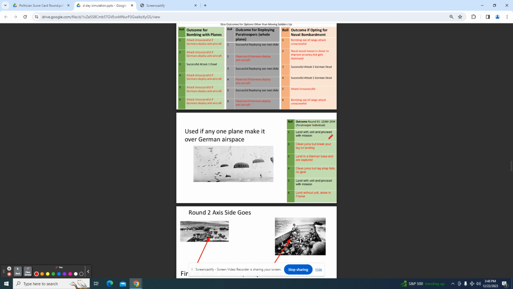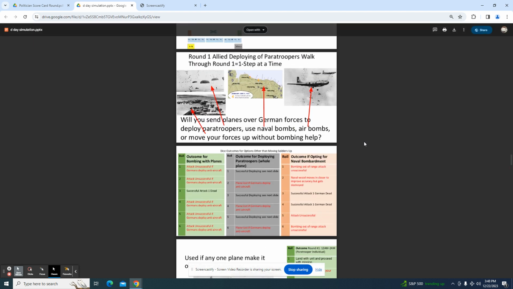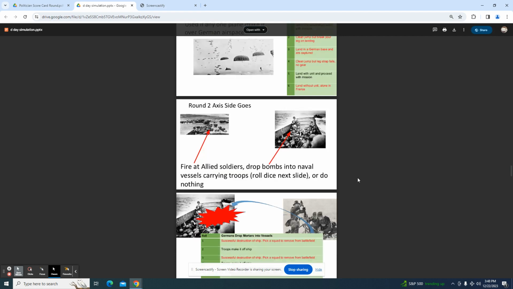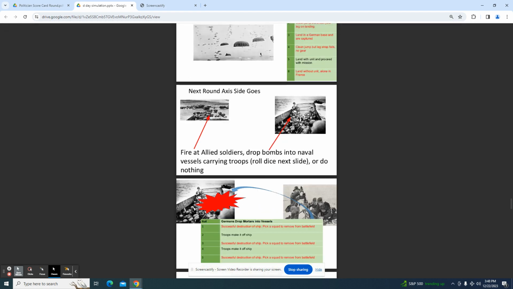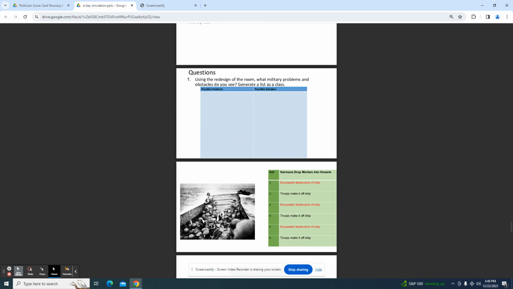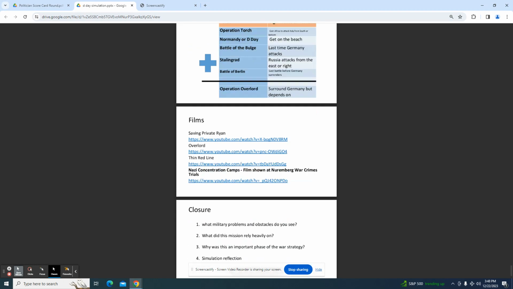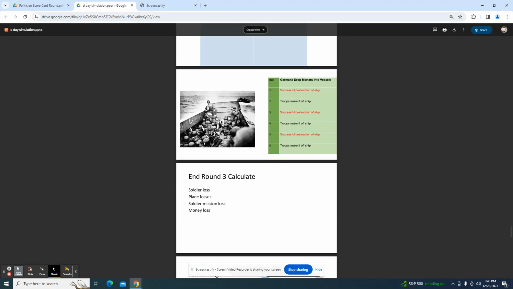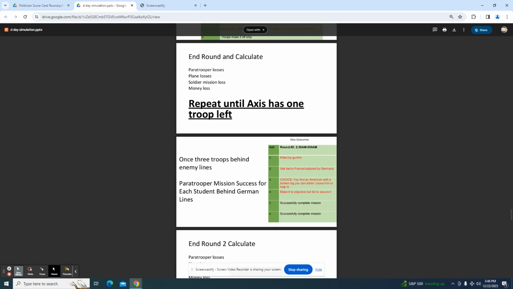If they do secure the safe landing, then when we go back to the map, that would mean 1 soldier is here. If 3 soldiers ever make it behind enemy lines, then at that particular point, we go to this slide.